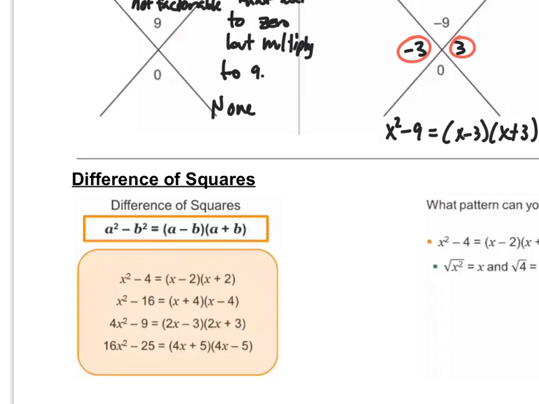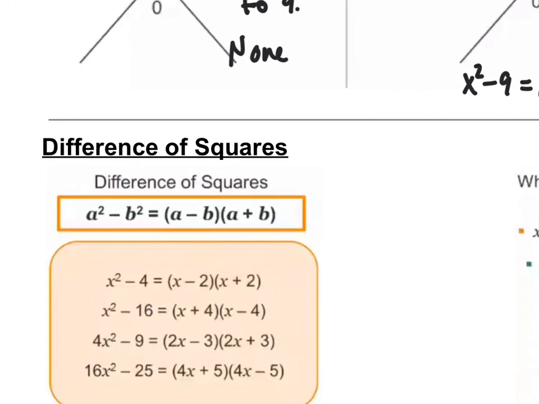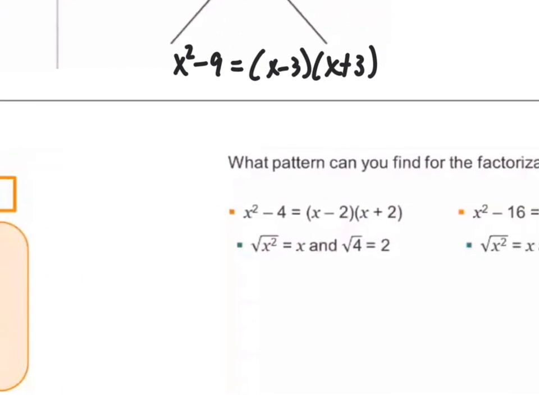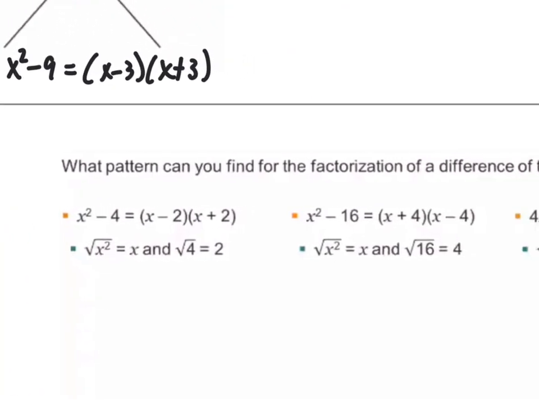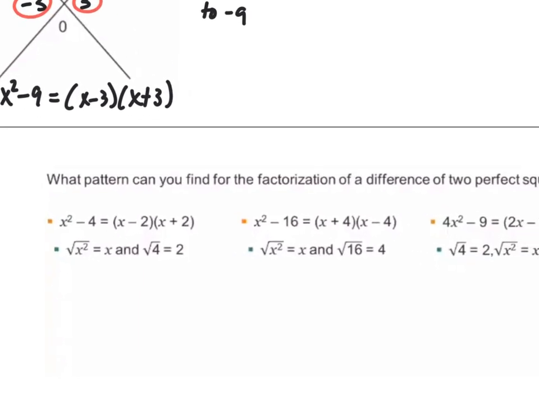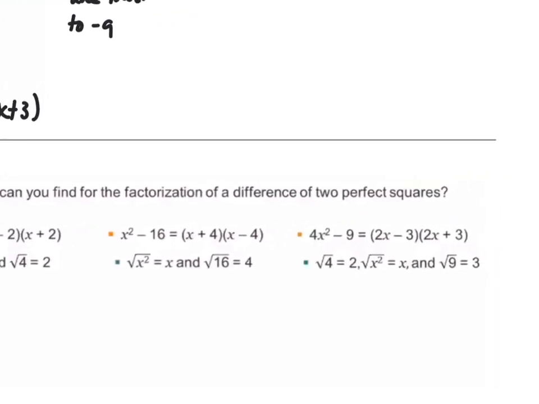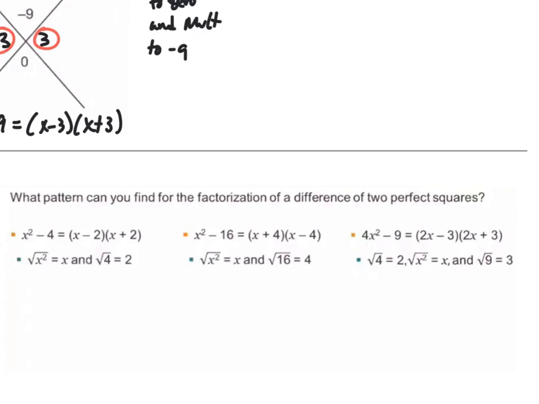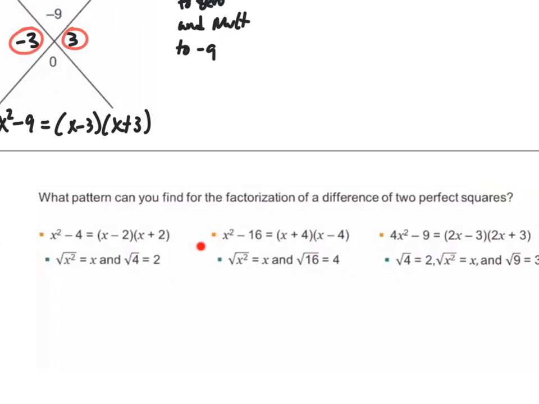So then we come up with this idea here. I've been talking about this, and I've done some of these examples, where this is the definition of difference of squares. If you have some value a squared minus some value b squared, then you get a minus b times a plus b as your factored form, okay? And you can really apply this to anything, okay? I had gone through these examples with you on the other page.